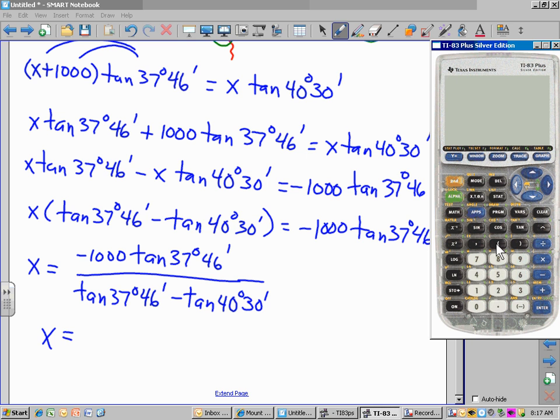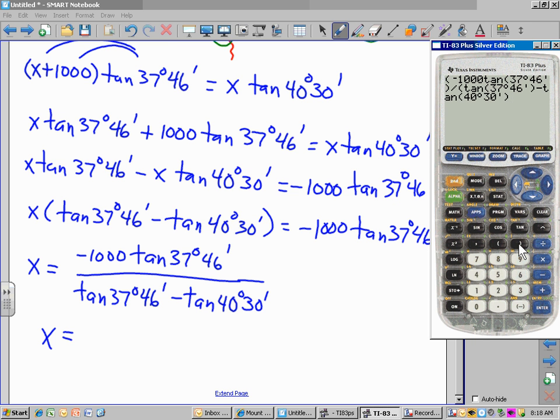All right. x equals negative 1,000 tan 37 degrees 46 minutes, divided by tan 37 degrees 46 minutes minus tan 40 degrees 30 minutes.